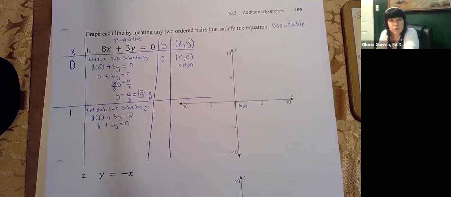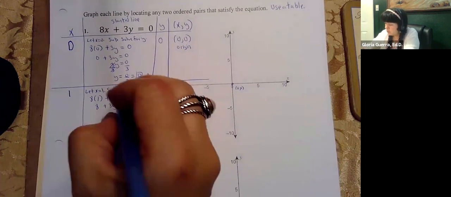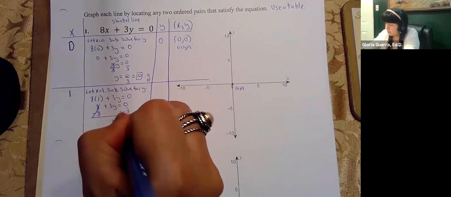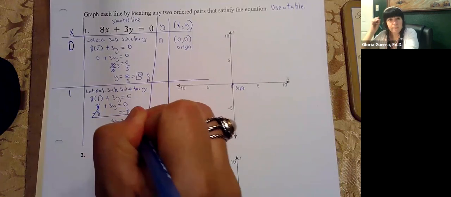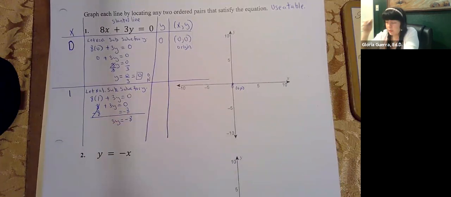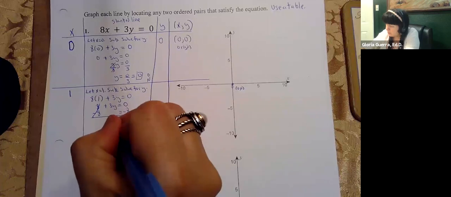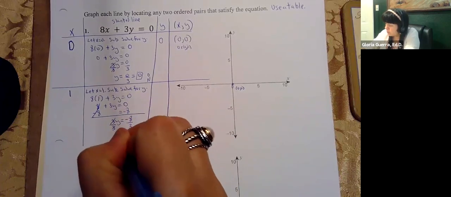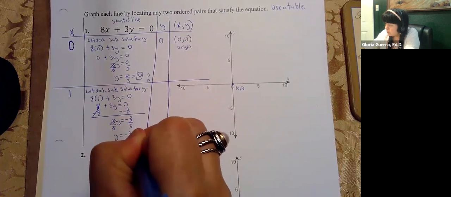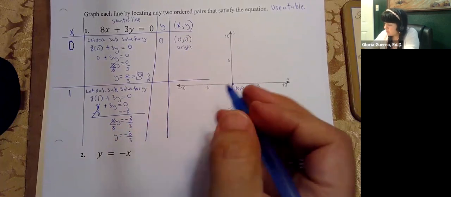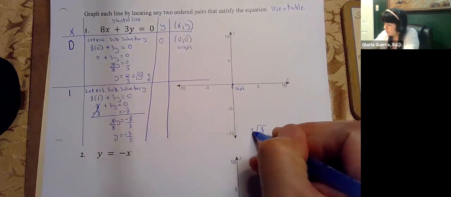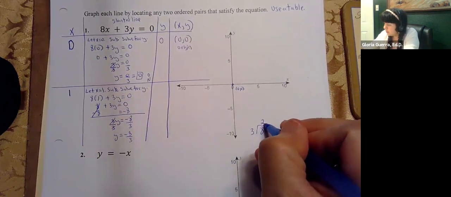To solve for y, I need to subtract 8 on both sides. So I have 3y equals negative 8. To finish solving, I have to divide by 3, and y equals negative 8/3. As a mixed number, if I do it on the side, 8 divided by 3, 3 goes into 8 twice.